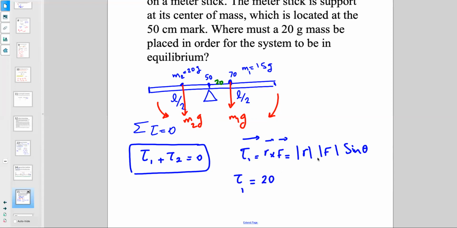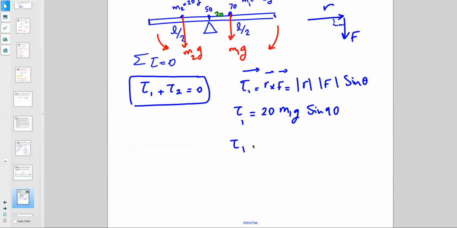F is M1g, down. The sine of the angle between R and F is sine of 90 degrees.